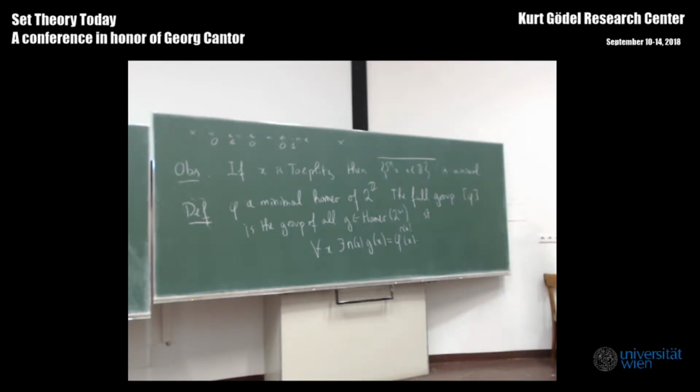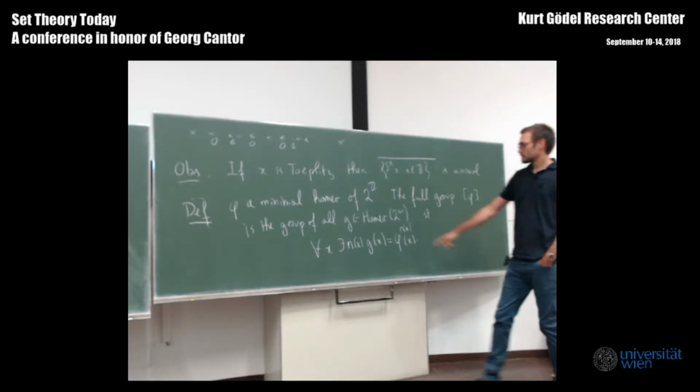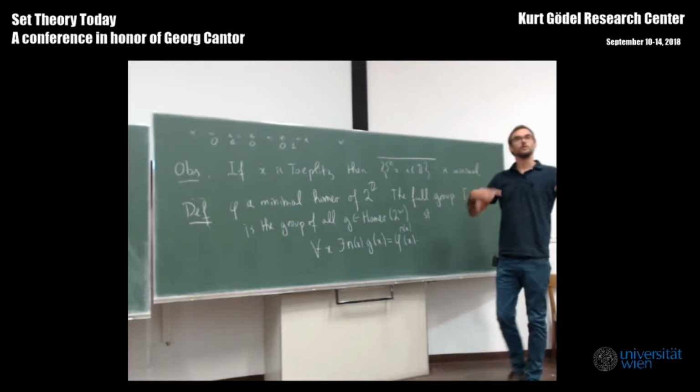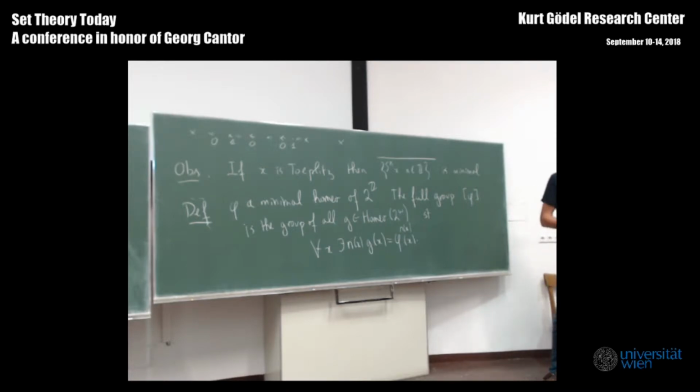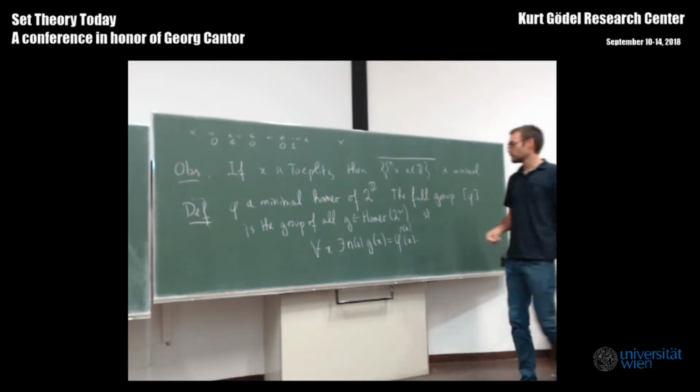So what does this mean? It just means that G maps every phi orbit onto itself. It's a homeomorphism that maps every orbit onto itself. So these are homeomorphisms that are automorphisms of the equivalence relation. You forget the dynamics, and you just want to respect the equivalence relation. Is the definition okay? So that's what the full group is.